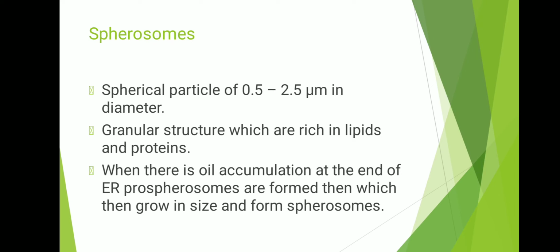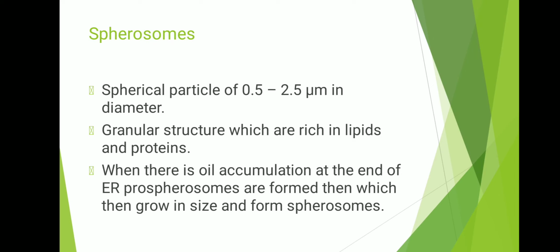When oils accumulate at the end of a strand of ER, these oil particles pinch off from the endoplasmic reticulum in the form of vesicles, and at that time they are called prospherosomes.